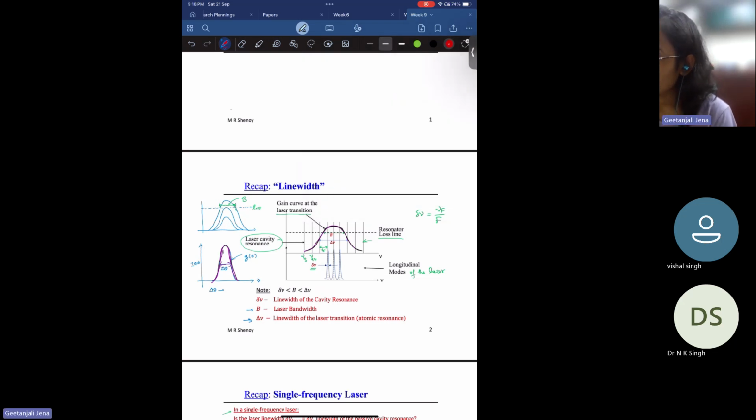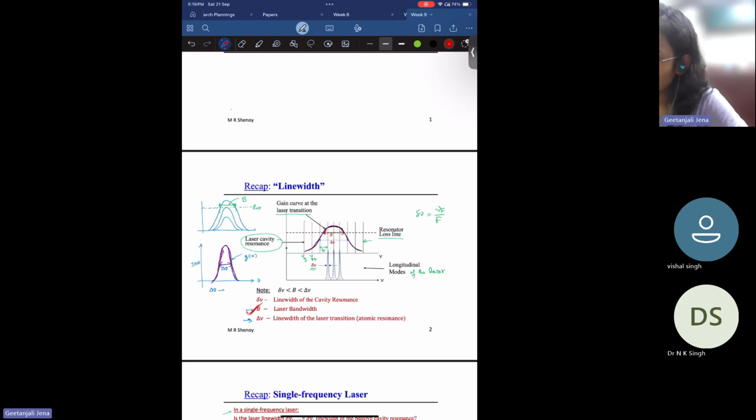For this gain curve, we can define various parameters. One is the laser bandwidth. So the laser bandwidth is this region B. This indicates the frequency width within which the gain is greater than the loss line.